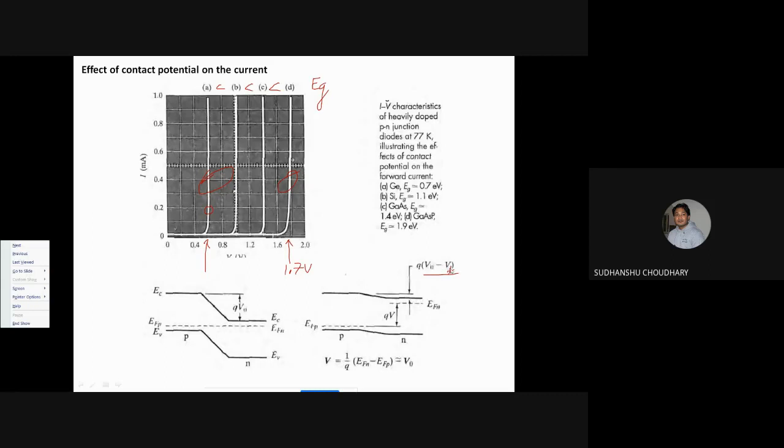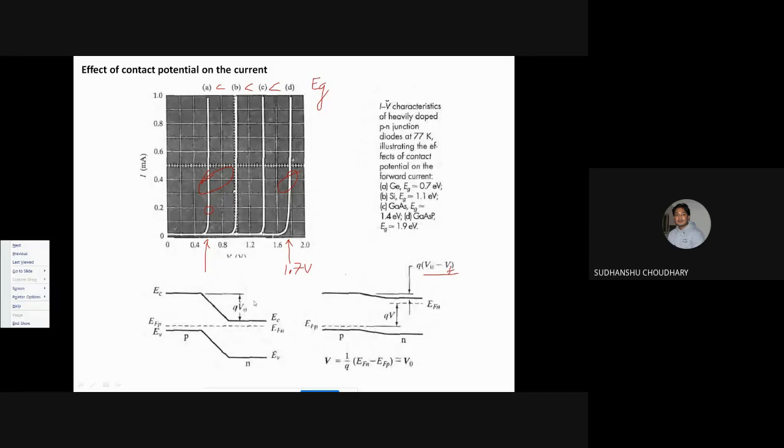So when the applied forward bias is equal to or greater than V naught, that is the barrier potential, then the bands become flat and you see the current, that is diffusion starts from P to N and N to P. Diffusion starts and the current increases abruptly.